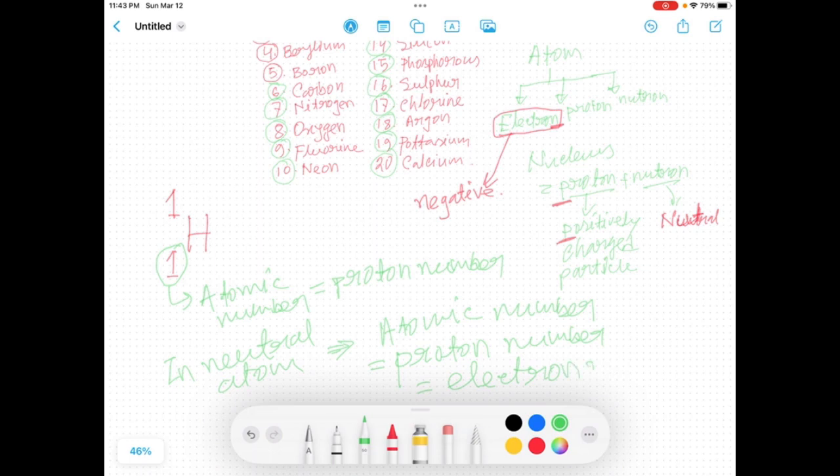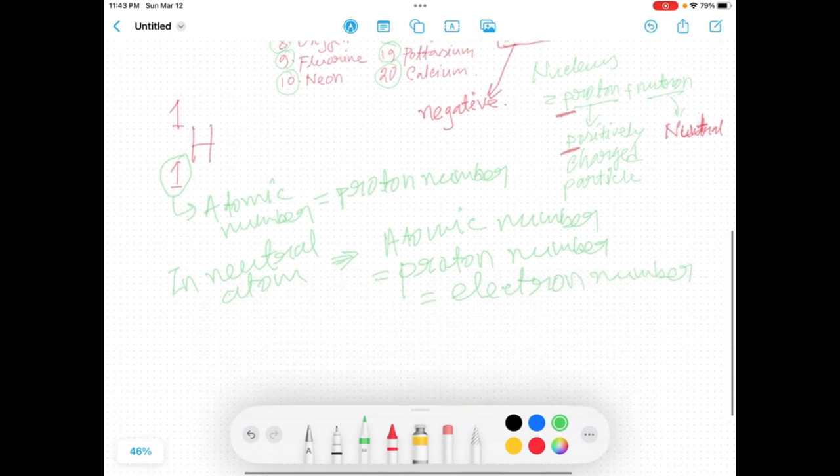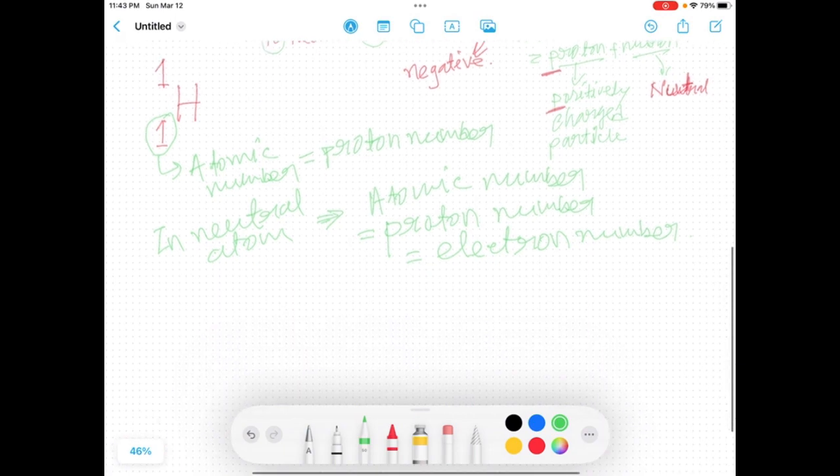What does it mean? That means when the atom is neutral, the number of protons and the number of electrons will be equal.